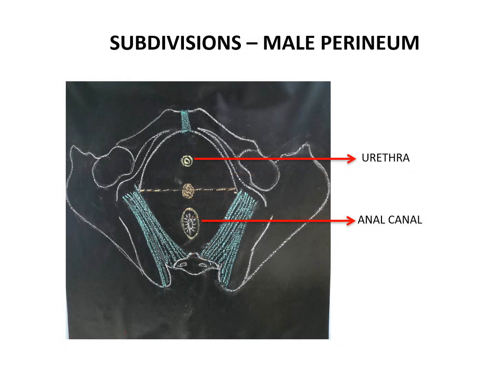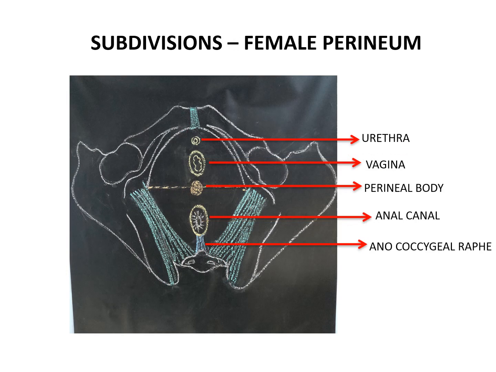The anterior triangle in males is traversed by the urethra. The posterior triangle, that means the anal triangle, is traversed by the anal canal. In females, the anterior triangle, that means the urogenital triangle, is traversed by the urethra and the vagina. The posterior triangle, that means the anal triangle, is traversed by the anal canal in the midline.